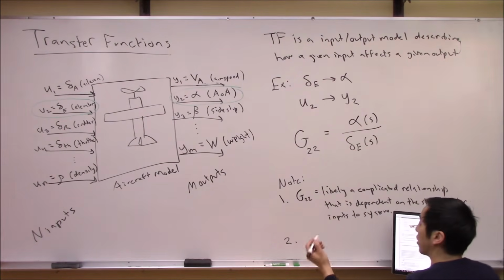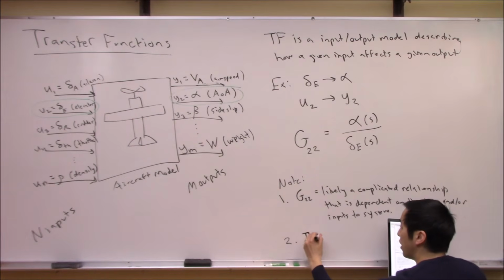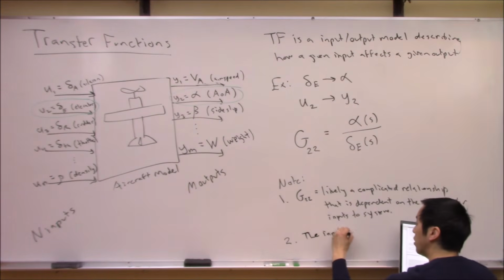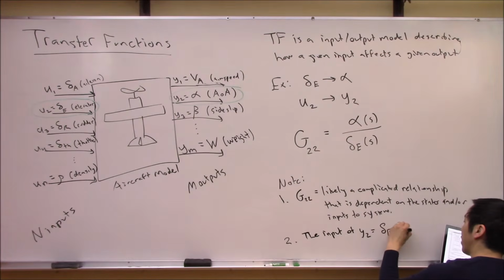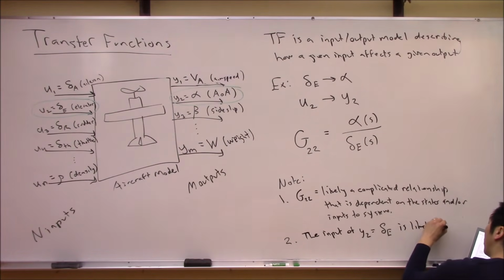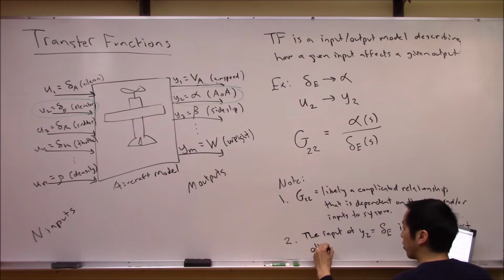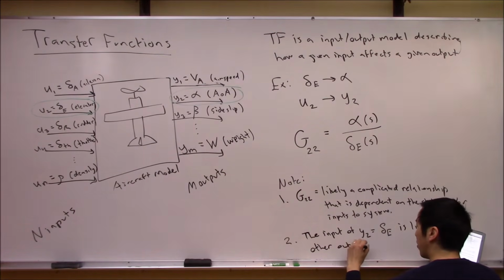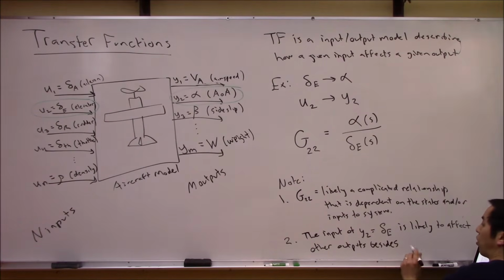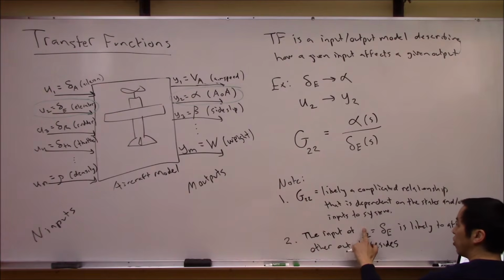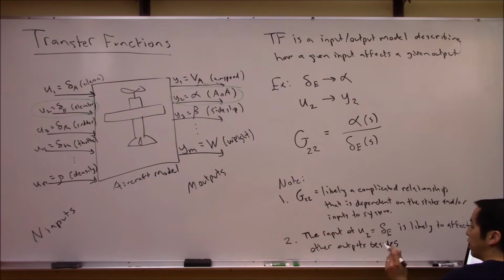The input U2, which in this case was delta elevator, is likely to affect other outputs besides the one I'm interested in. Sorry, the input, this should be U2, right? U2 could affect other outputs besides Y2, which was the angle of attack here, right?